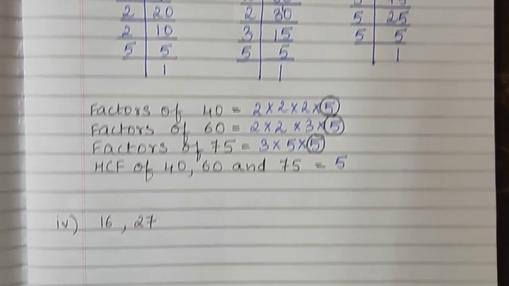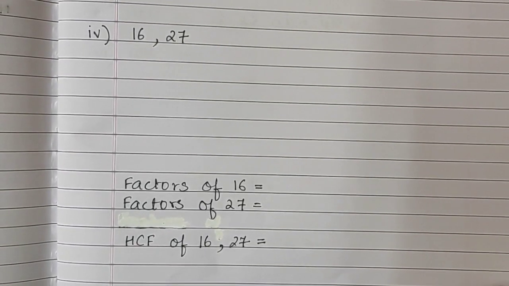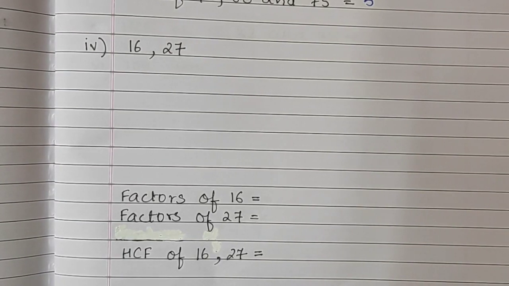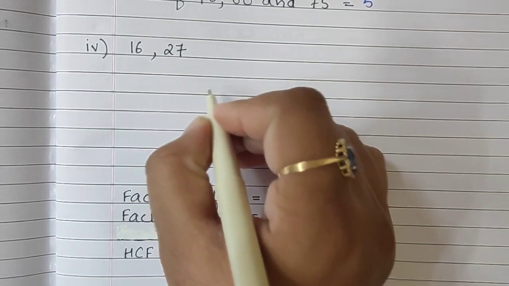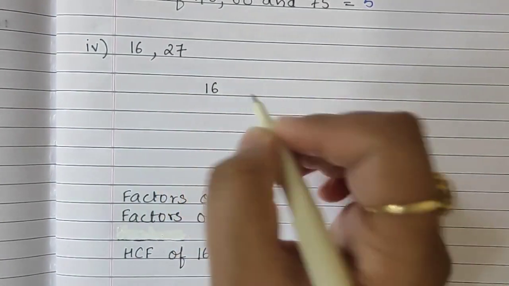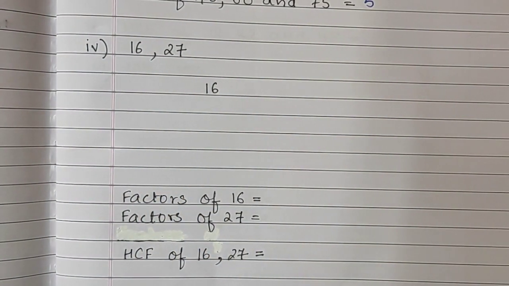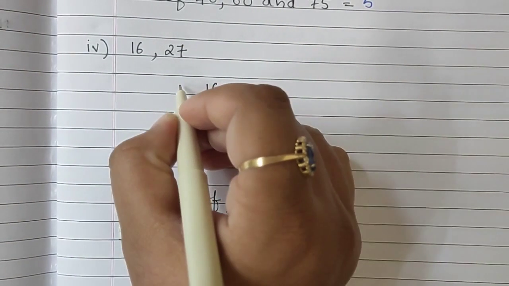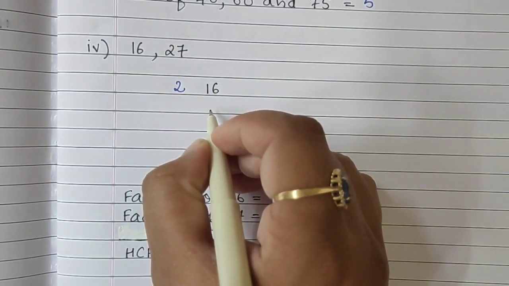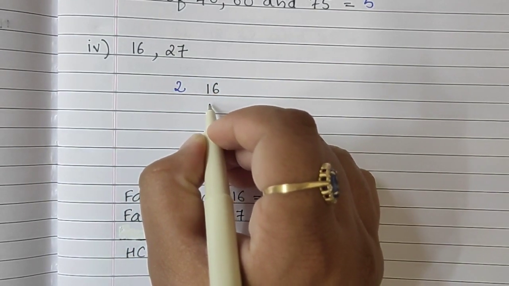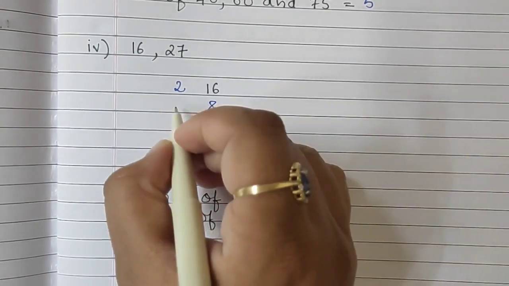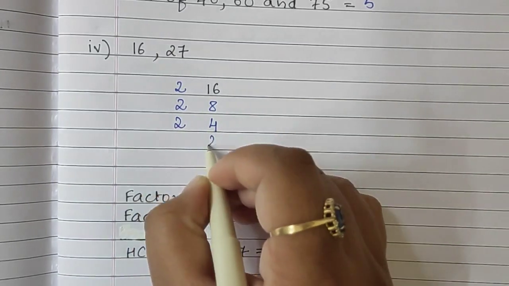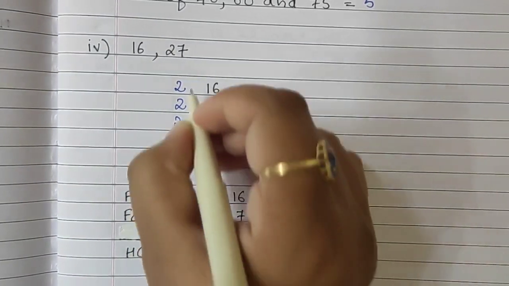Moving to the next sum. 16 and 27. First we'll find factors of 16. 16 will be divisible by 2. 2 8s are 16. 2 4s are 8. 2 2s are 4 and 2 1s are 2.